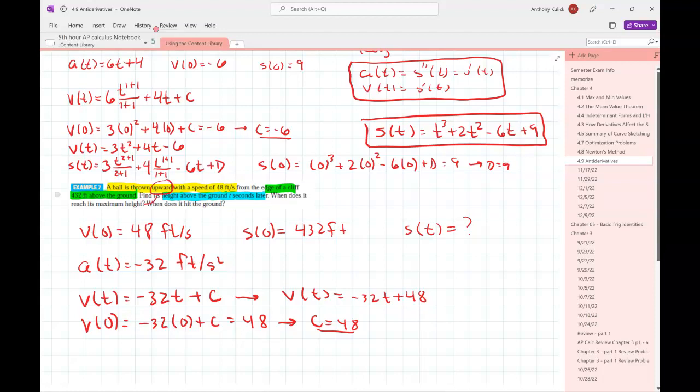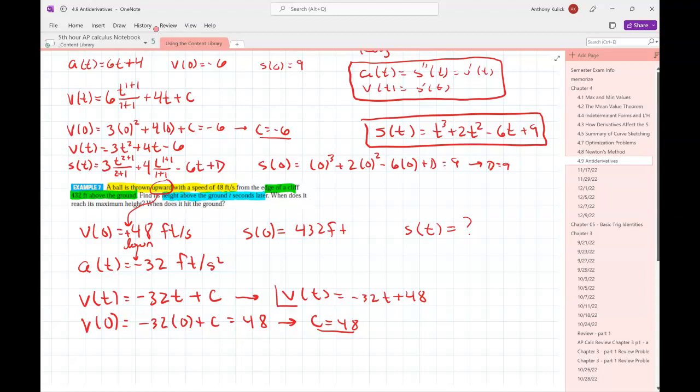Notice here, I should point out that because it's upward, the velocity should be positive, and because gravity is acting downward, the acceleration should be negative. Everybody's cool with that? Okay.